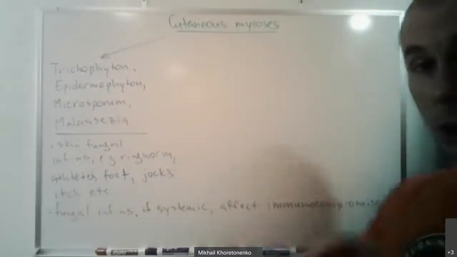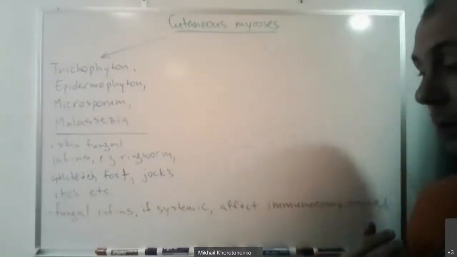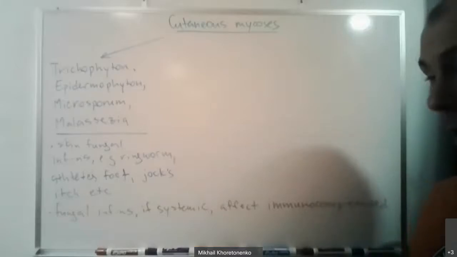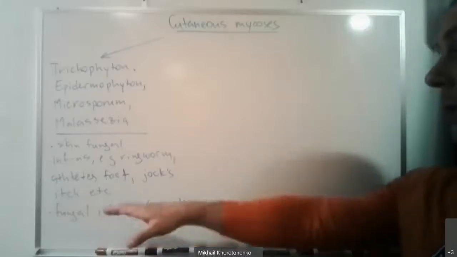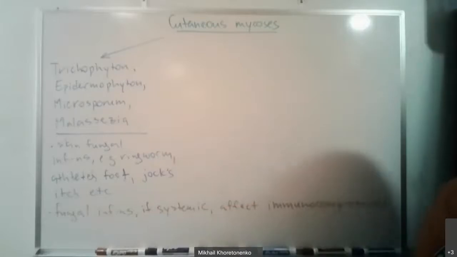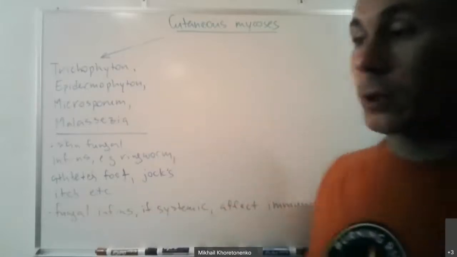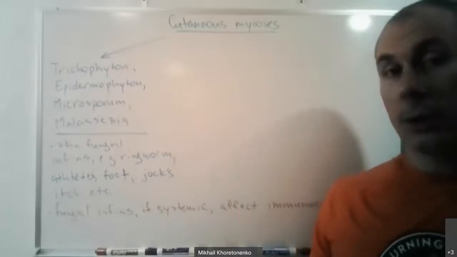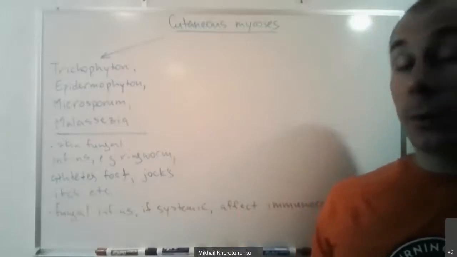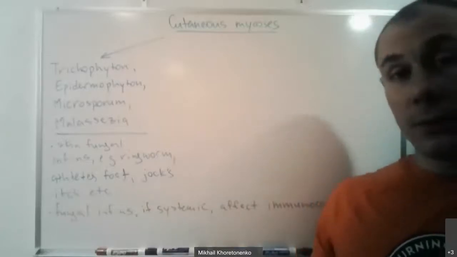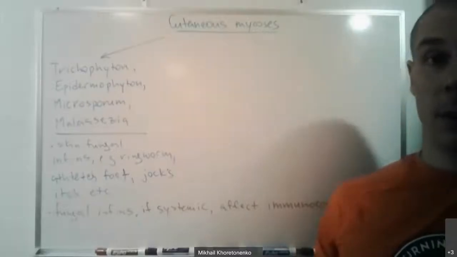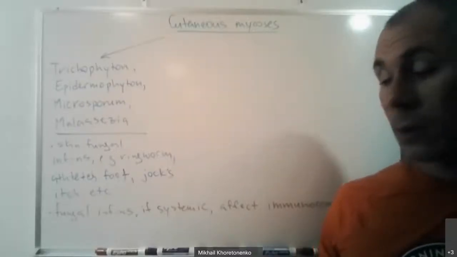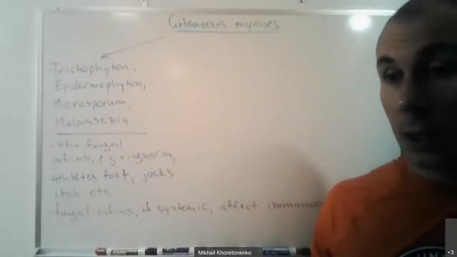Given that you and I are healthy adults, our chances to develop a truly systemic fungal infection, like respiratory mycosis or neurotropic mycosis, are extremely low. Fungal infections are opportunistic and affect, first and foremost, immunocompromised individuals.